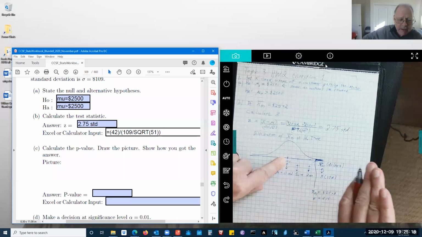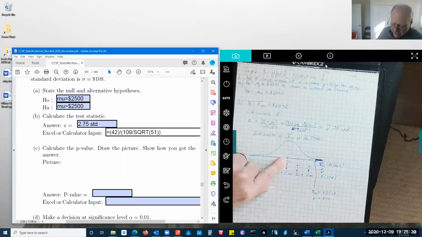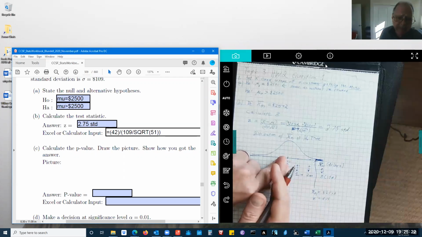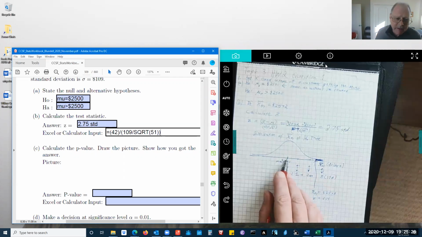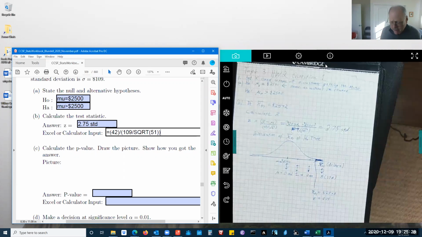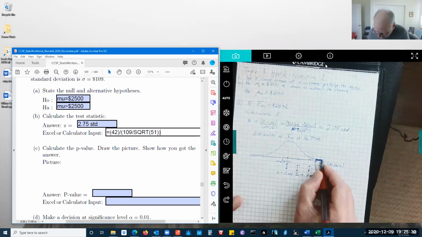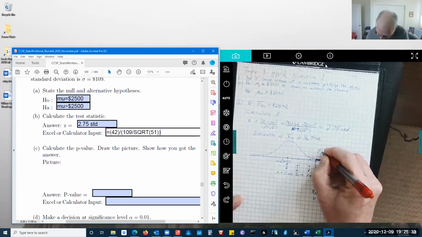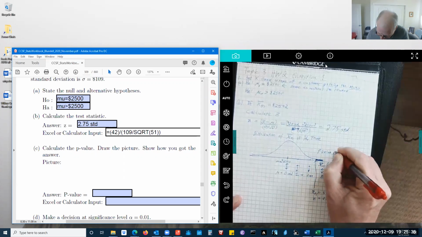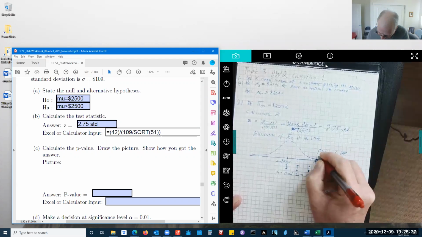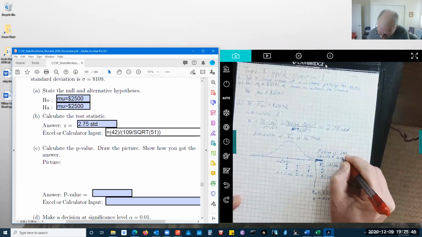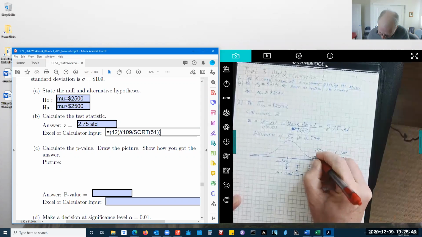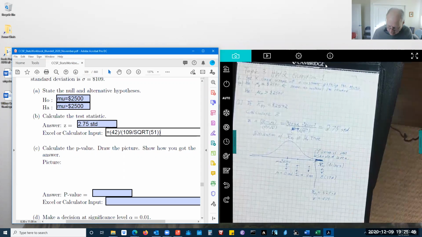Our sample mean would be so far above the population mean just by chance if the population mean was really 2,500. And so the p-value is the shaded area here. Okay.